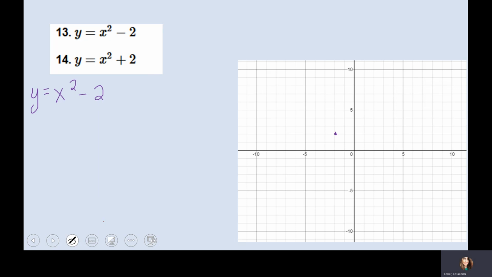Then we substitute in -1: -1 squared is 1, minus 1 gives us 0... and then 0 gives -2, and 1 gives -1. Of course, here you see your symmetry again for your points.